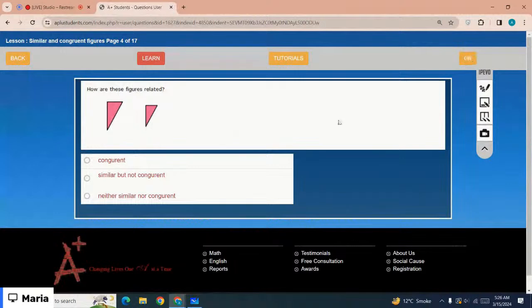They are similar but not congruent because their sizes are not the same, right? So they are similar but not congruent.